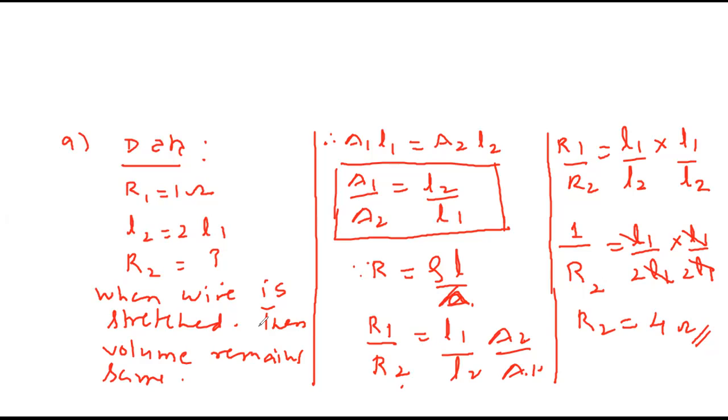This is easier to remember. When length is doubled, area becomes half because A and L are inversely proportional to each other. So that's why you are telling L1 upon L2. Here it will become again L1 by L2, so same it will be, na? L1, L1, and below I get 4 times L1. But this way it is easy to remember.